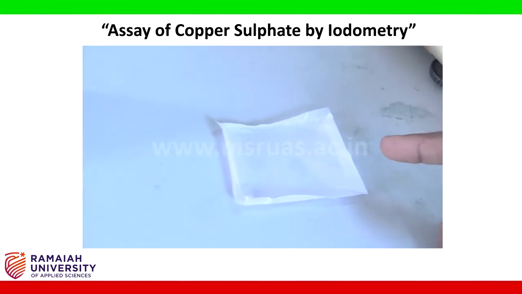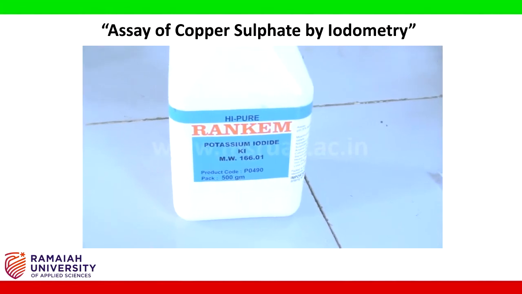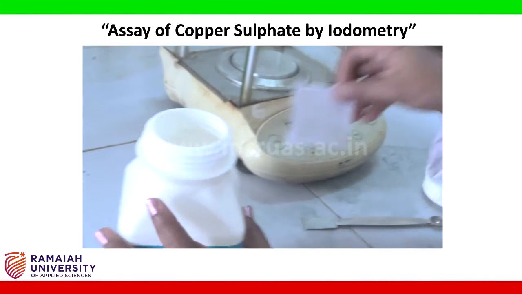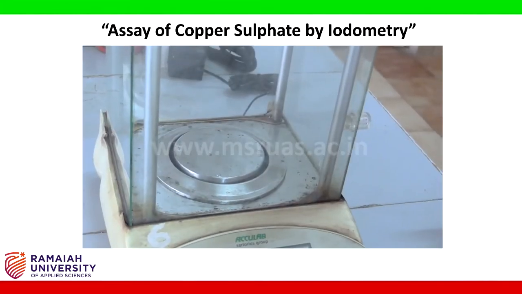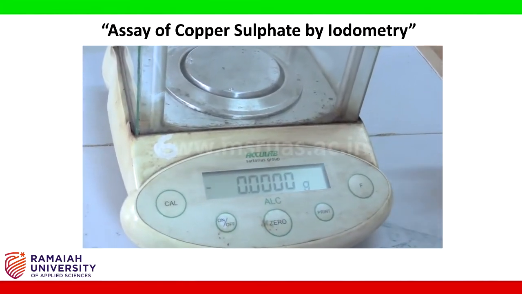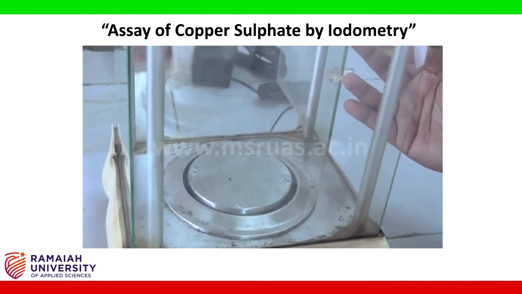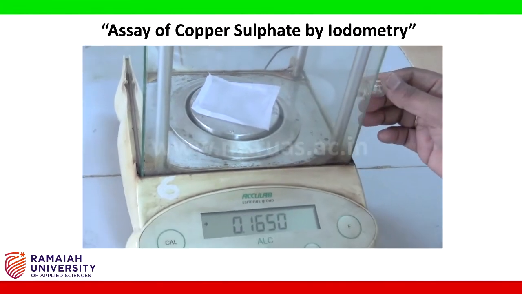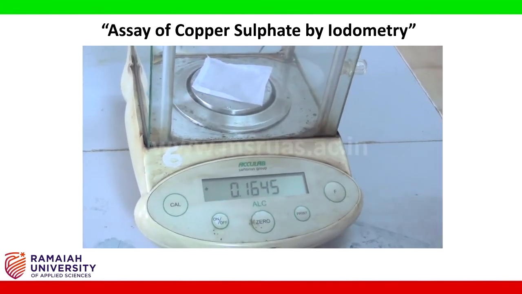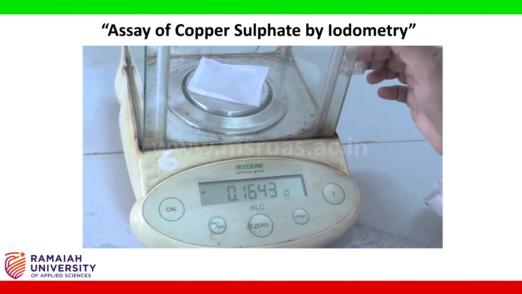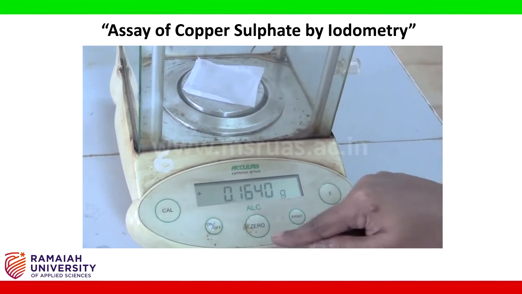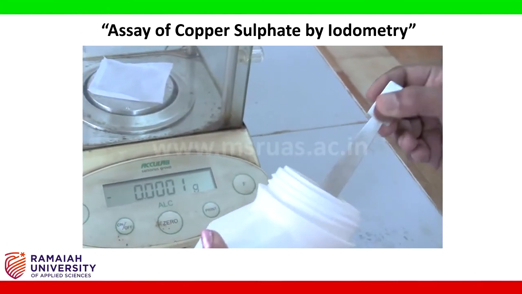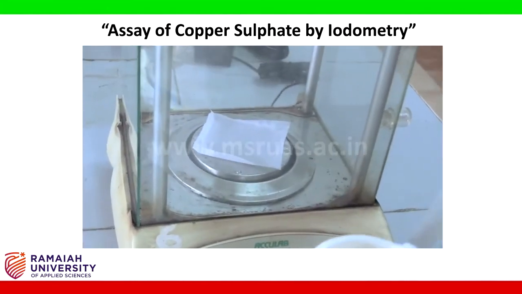Using butter paper, weigh 1 gram of potassium iodide. Tare the paper weight to 0. Weigh 1 gram of potassium iodide.